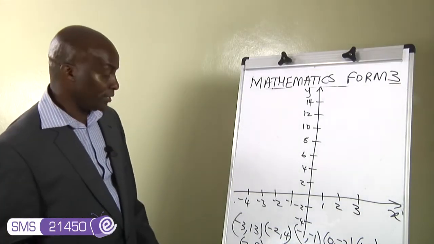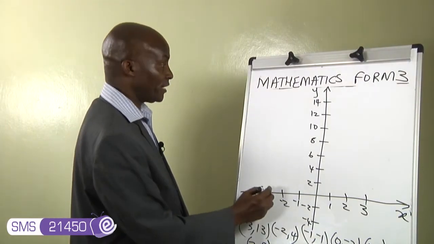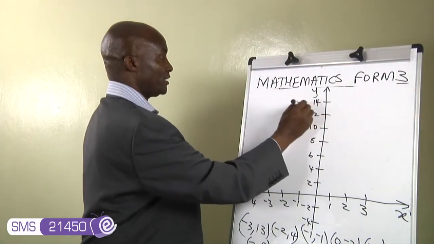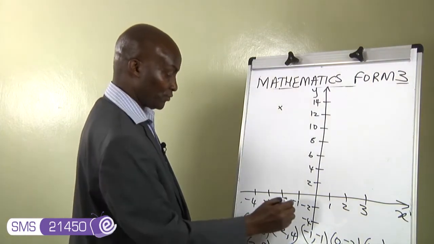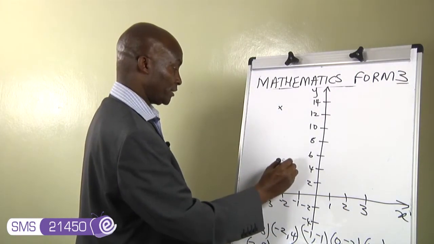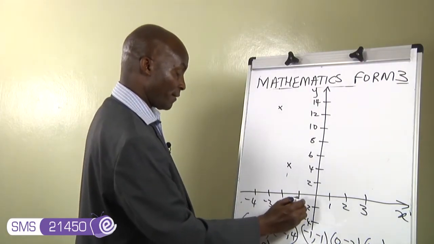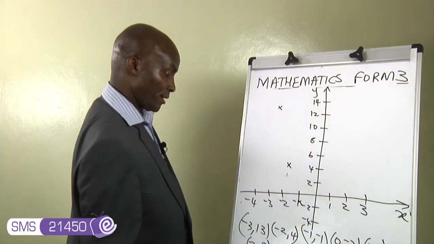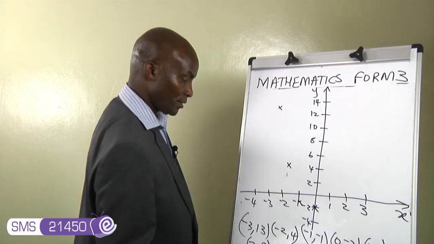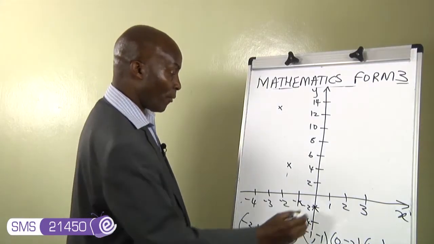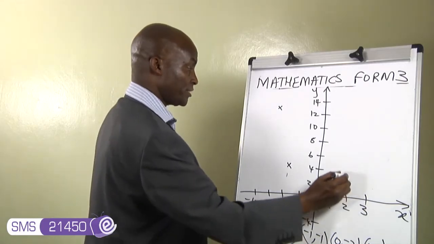Plotting the points is easy. We should have -3, 13, which is in between there. Then -2, 4; -1, -1; 0, -2; then 1, 1; and 2, 8.